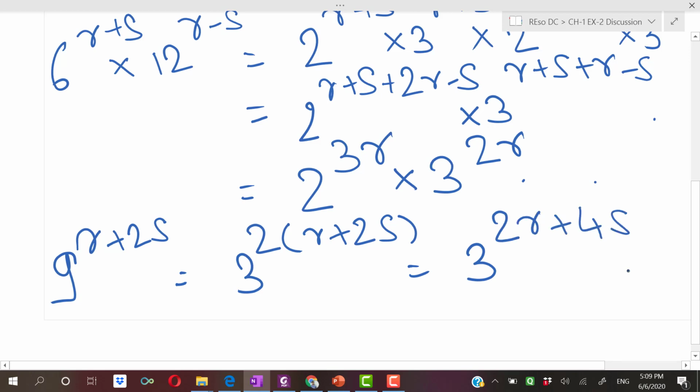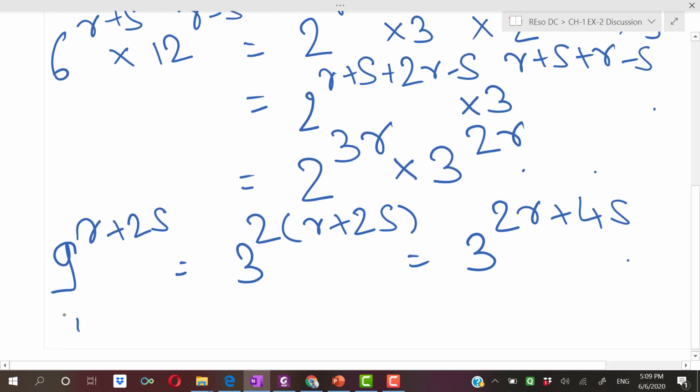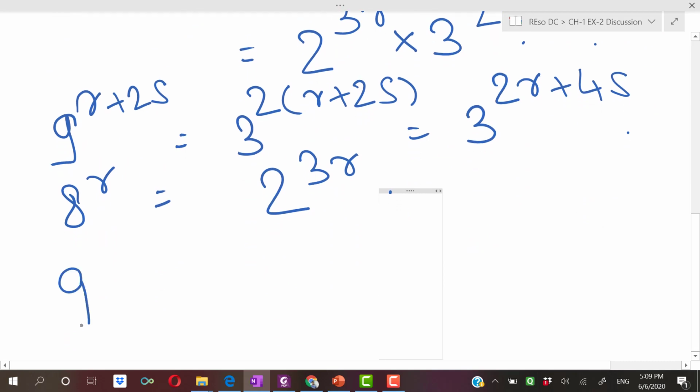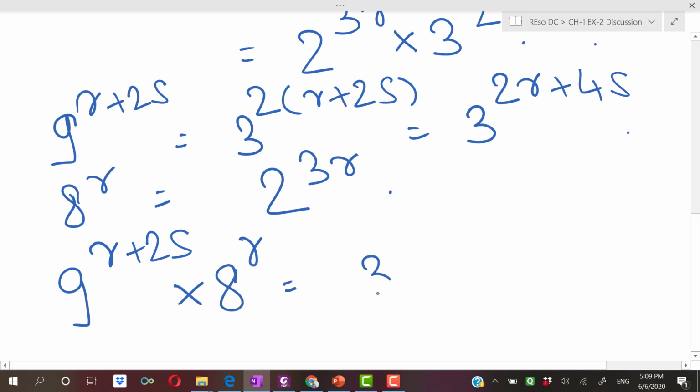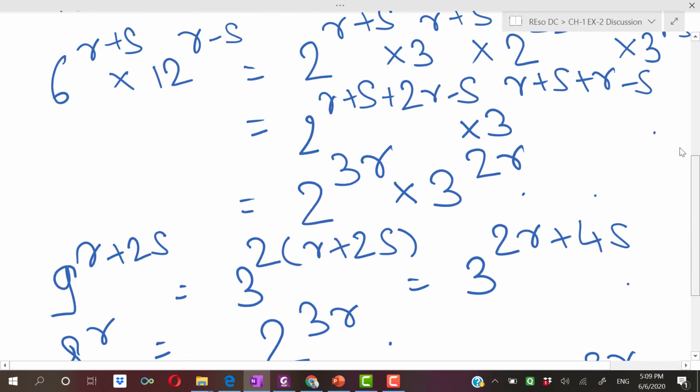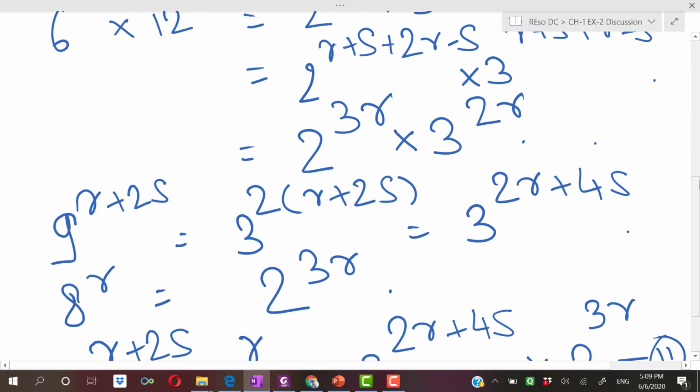And 8 raised to the power r is equal to 2 raised to the power 3r. So my denominator was finally equal to 3 raised to the power 2r plus 4s multiplied by 2 raised to the power 3r. This is equation number second, and this is equation number first.